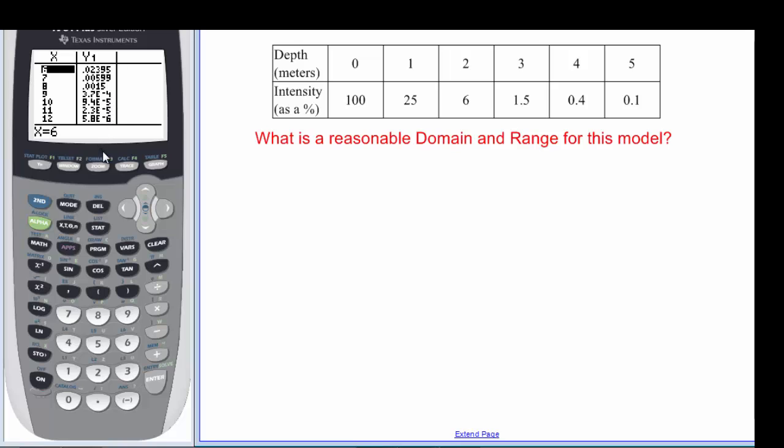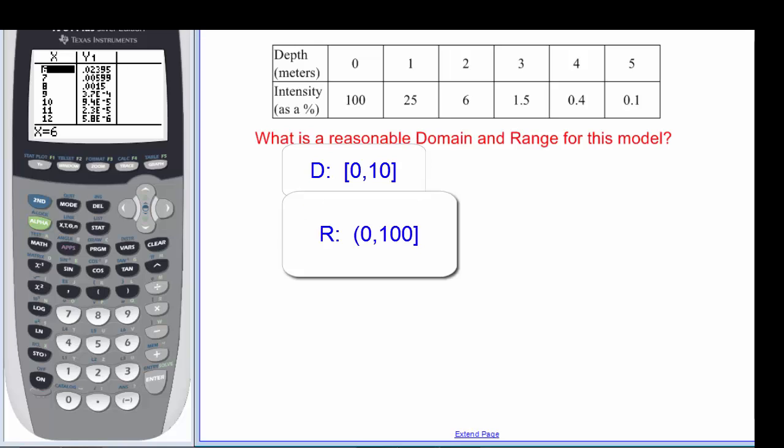But again, we're never going to get to 0. So I'm going to say maybe 0 to 10 would be close. Would be reasonable. 0 to 10 meters for the domain. And for my range, that means we went from 100, and we got pretty close to 0. Since I have a parenthesis on here, it means I get close to 0 but never get there.